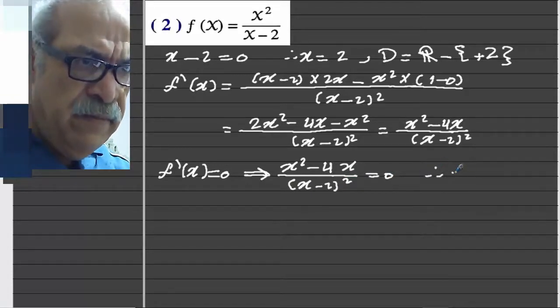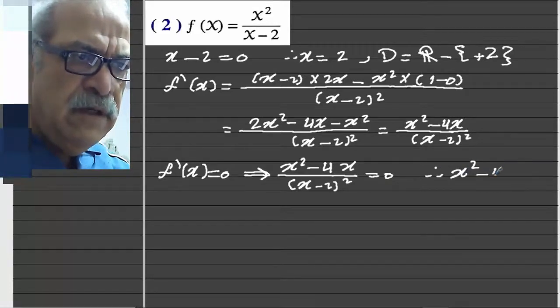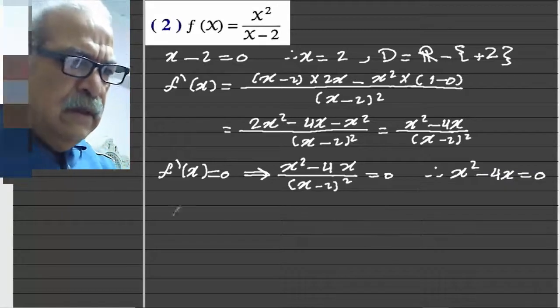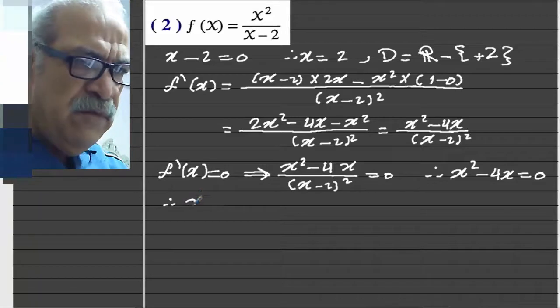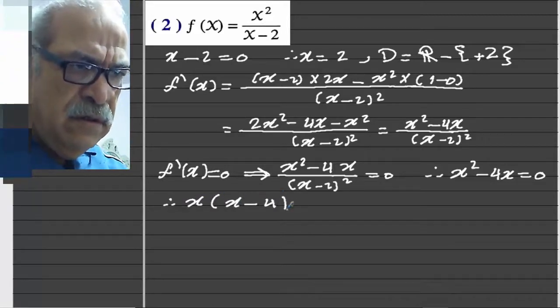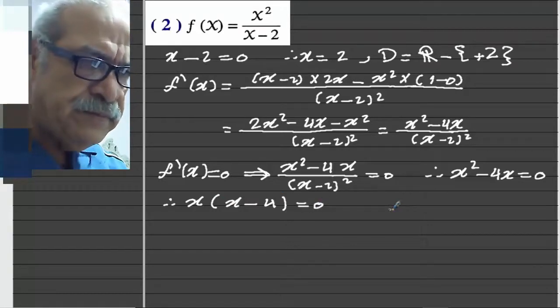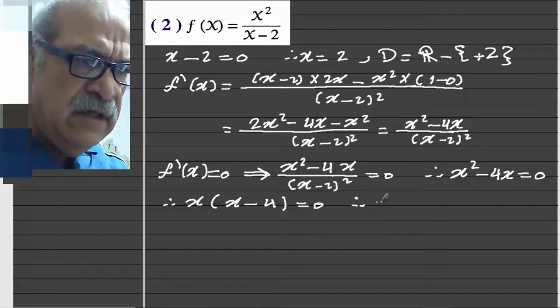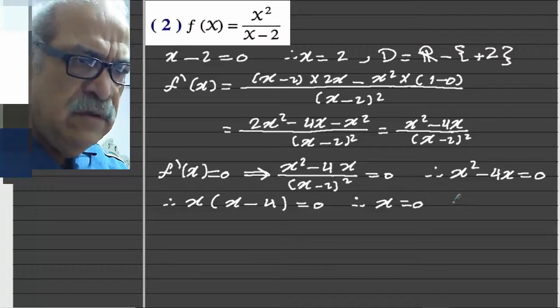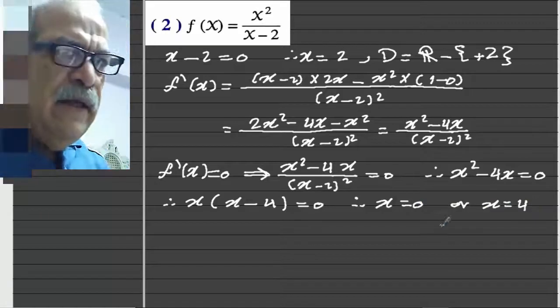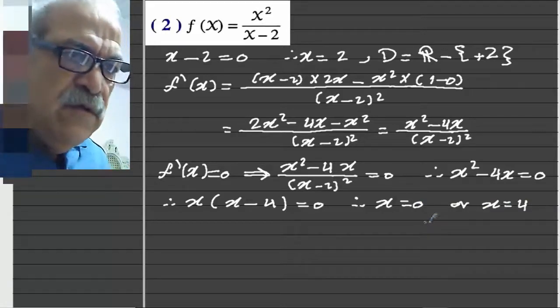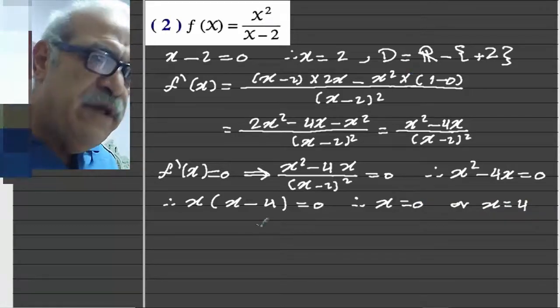That means x squared minus 4x equals 0. So by taking x as a common factor, what we get? x times (x minus 4) equals 0. So x equals 0 or x equals positive 4. And both 0 and 4 belong to the domain.